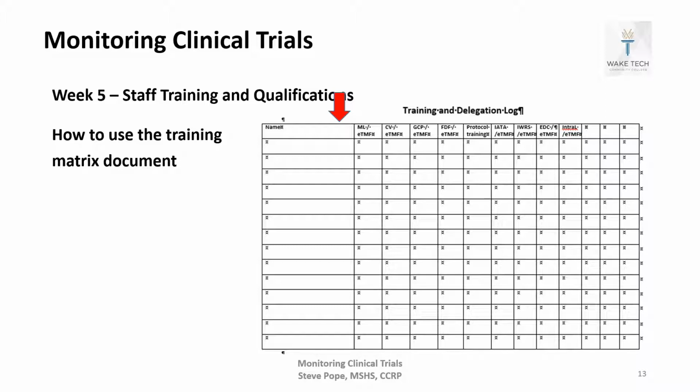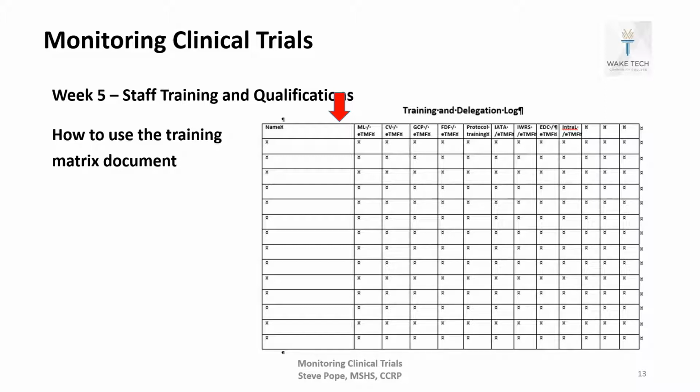You also see on that top row something called eTMF. That's a quick way to verify that you have collected that document and it is in your electronic trial master file. So you can put one check mark in the upper left corner and a check mark in the lower right corner, and then you can very quickly look at that matrix and see what you're missing.